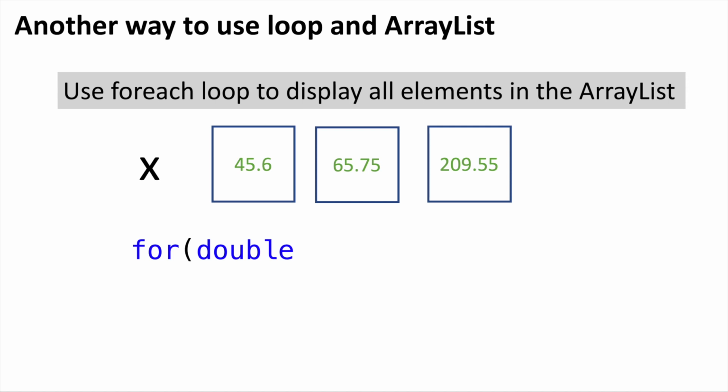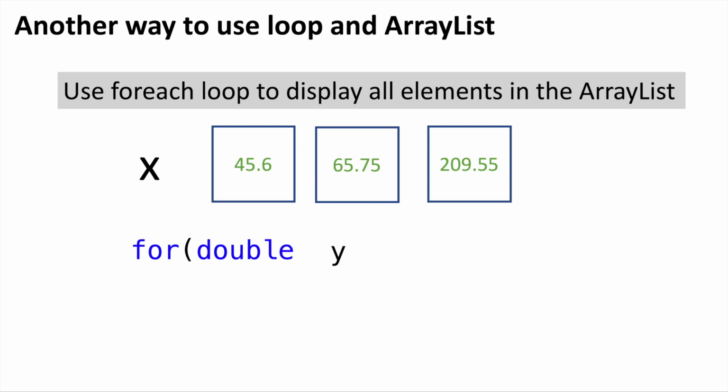We can say for double. Why are we using double? Because the data type of the elements in our array list is double. So for double instead of int as we used in the past. Now for each y in x, y here will be, the first time, 5.6, the second time 5.75, and the third time 209.55.